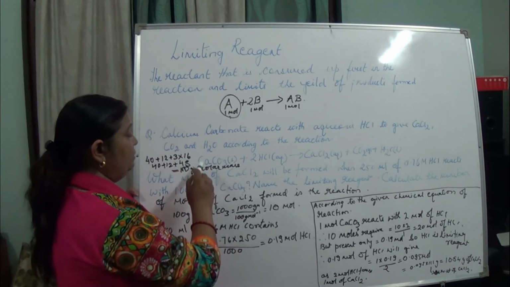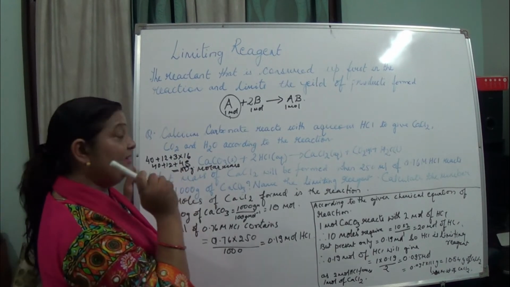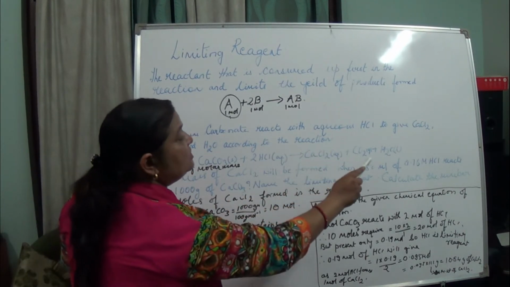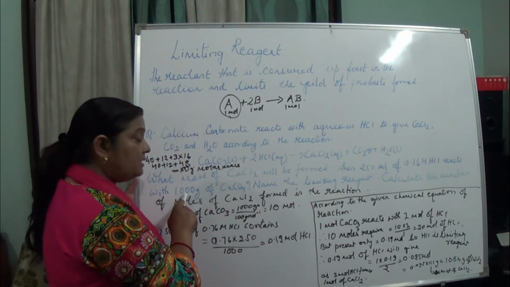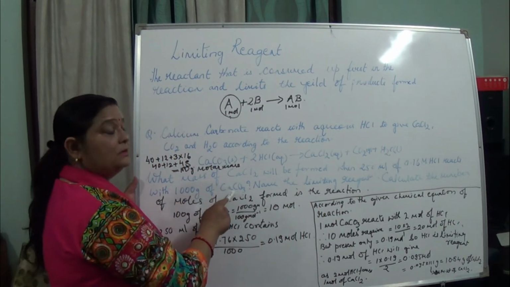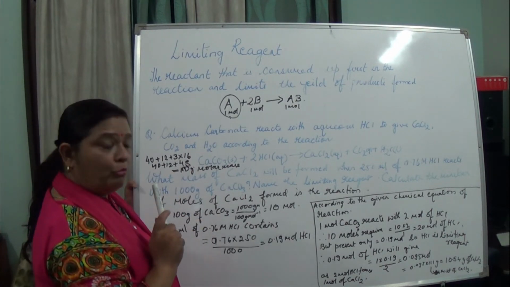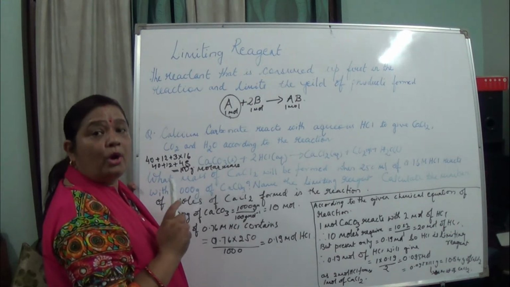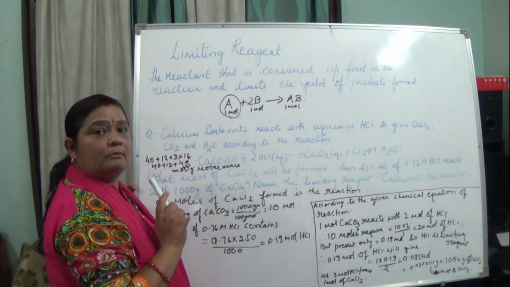So now we are going to take out the number of moles by given mass. Why am I saying given mass? Because here it is saying 0.76 M HCl reacts with 1000 grams of calcium carbonate. So we have to take out first the number of moles. In order to take out the number of moles, we take the formula: given mass upon the molar mass.